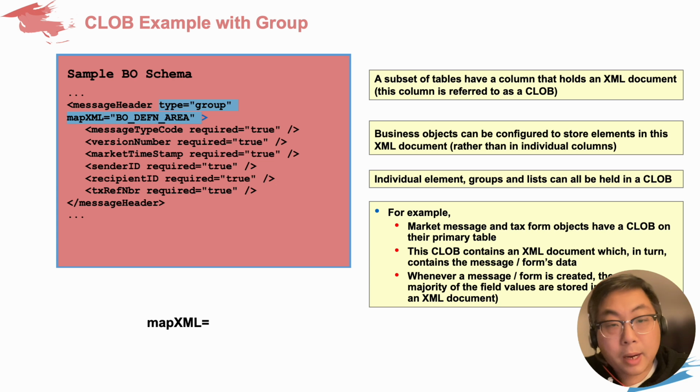So for example, a market message, as you can see here, and we use them to store the group of elements together. You can see the example on the left hand side. For example, we have a message with different attributes. We store everything in XML in one column, called BO definition area in that case.